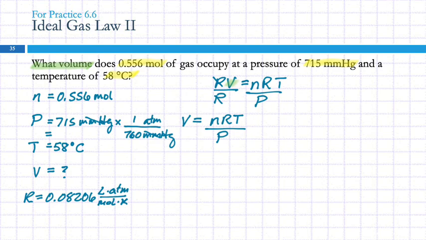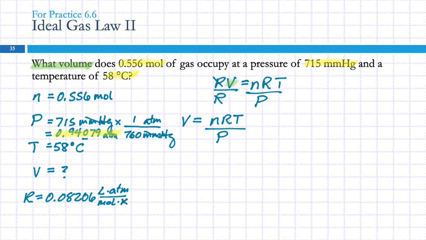Hopefully that's not confusing. 715 divided by 760 is 0.940. This should have 3 sig figs. 79 atmospheres. So that's my pressure in atmospheres right there.